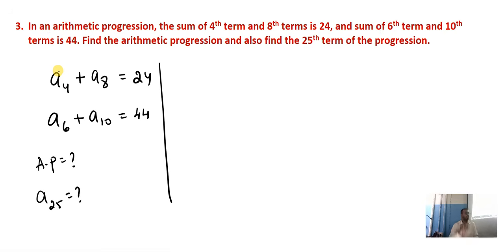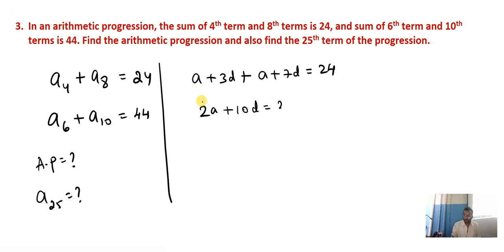Okay. First let me take the first case. Shall we apply our logic? Yes. What is the 4th term? A plus 3D. A plus 3D plus the 8th term, A plus 7D, is equal to 24. We have to add A with A term, D with D term. 1A plus 1A, 2A. 3 plus 7, 10D is equal to 24.